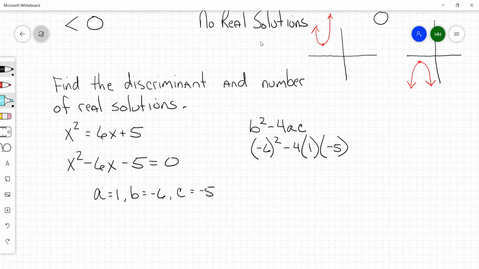Just type it in your calculator. Anybody get a 56? All right, so I got a 56. My discriminant is greater than 0, so I have 2 real solutions. That's it.